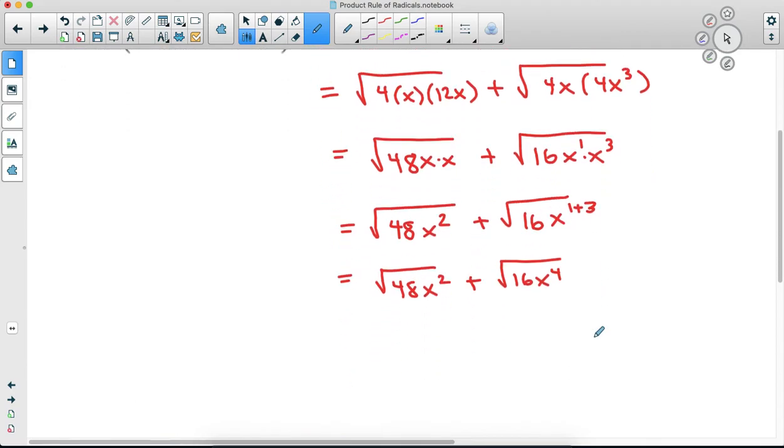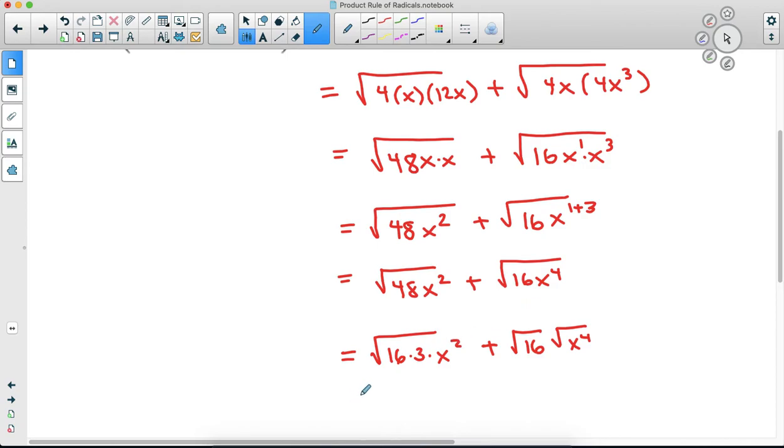Okay, now we're going to try to simplify this as much as we can. So keep in mind that we're going to factor out some of the terms inside the radical. So in this case, 48 is the same as 16 times 3. So we can say that this is the square root of 16 times 3 times x squared, plus, then here we're going to rewrite the radical as follows: radical 16 times radical x to the fourth.